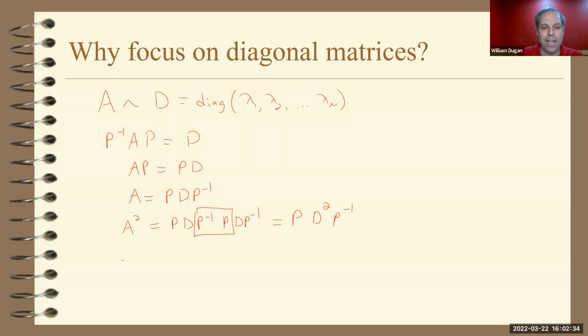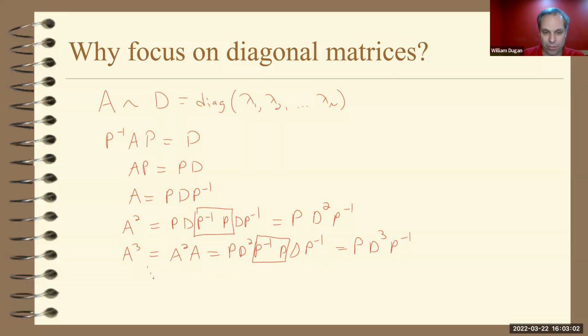So then A cubed would then be A squared times A. A squared, though, is P times D squared times P inverse. And A is P times D times P inverse. But if you look on the inside, that's the identity matrix. So that is P times D squared times D. That's D cubed times P inverse.